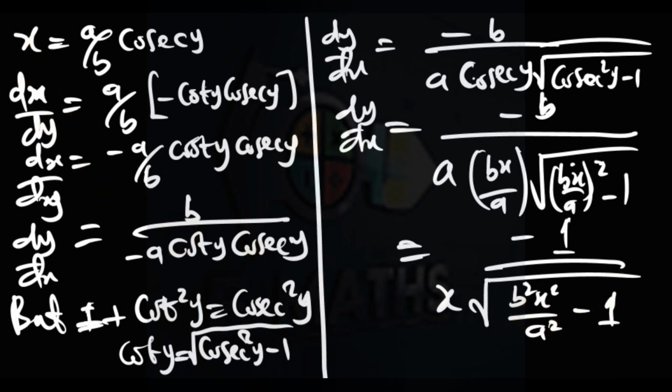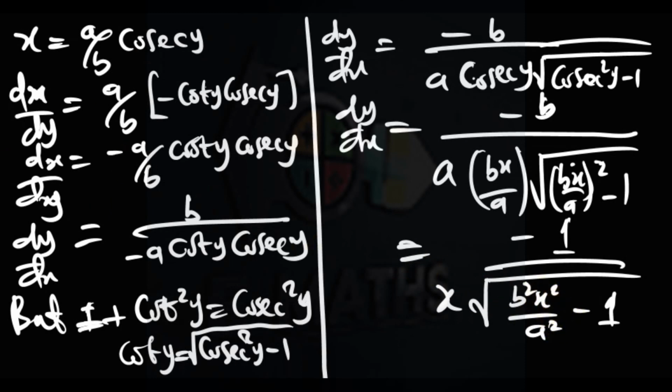So we'll still continue. We've gotten that dy over dx is minus 1 over x times the square root of b squared x squared over a squared minus 1.